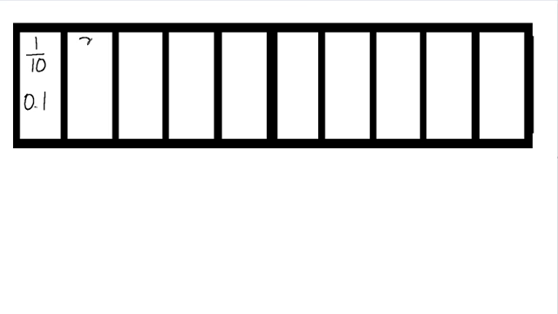So the next one would be, if I colored in two of them, it would be 2/10 as a fraction, and this is 2/10 as a decimal. That is a little decimal point right there.